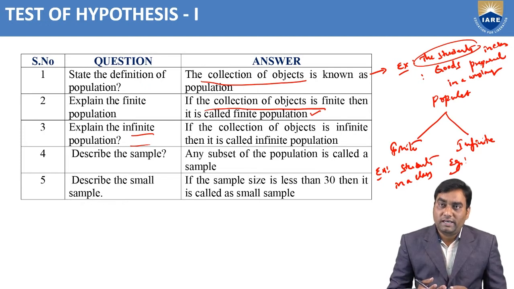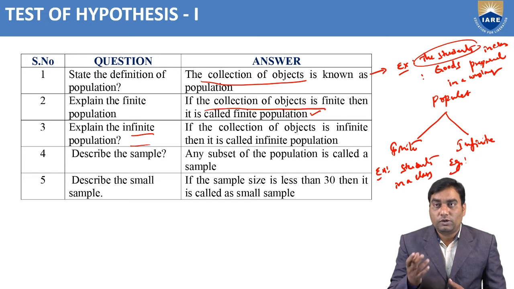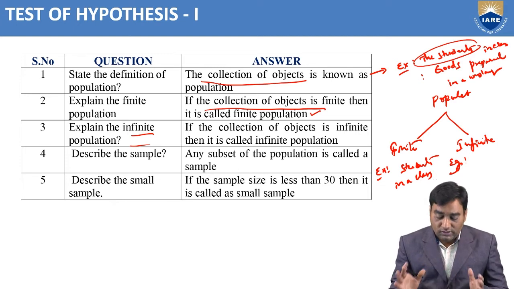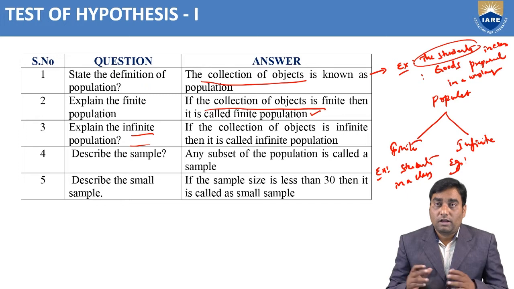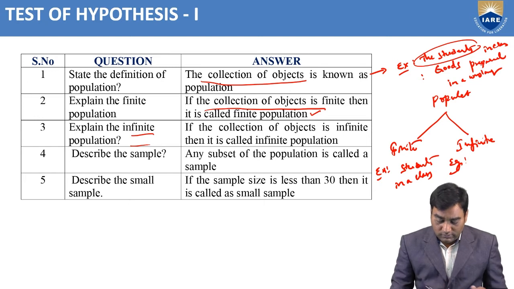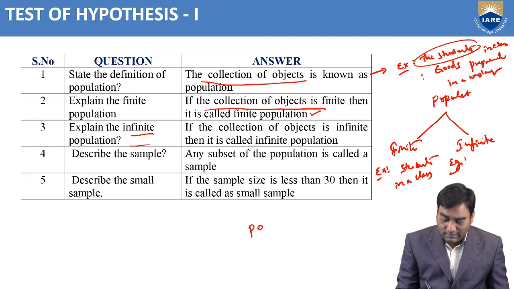It may be counted or may not be counted. Day wise it is increasing only. That's why such types of populations are known as infinite population. I think you understood clearly about the difference between finite and infinite populations. Right? So we discussed clearly population.